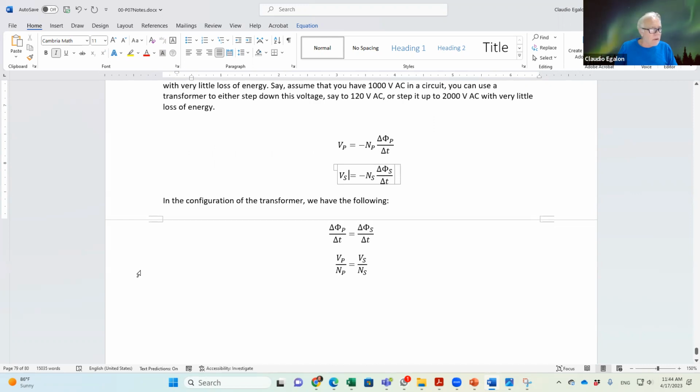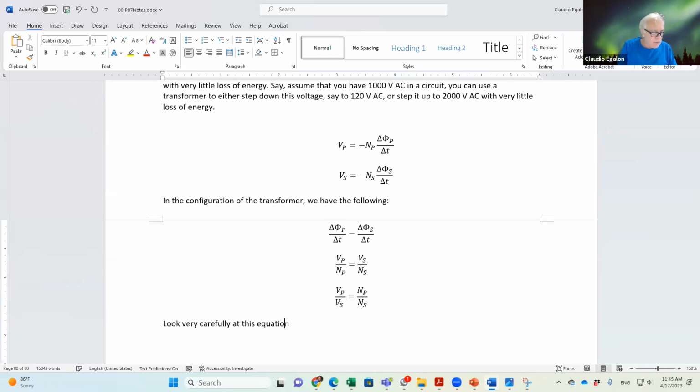And let's take a look. I'm going to write that in a different way. I'm going to put the VS on the left side and the NP on the right side. Okay. Look very closely. Look very carefully at this equation.